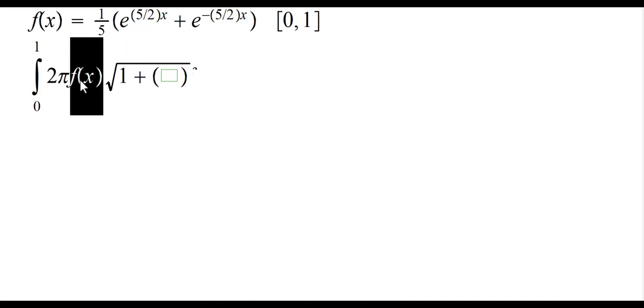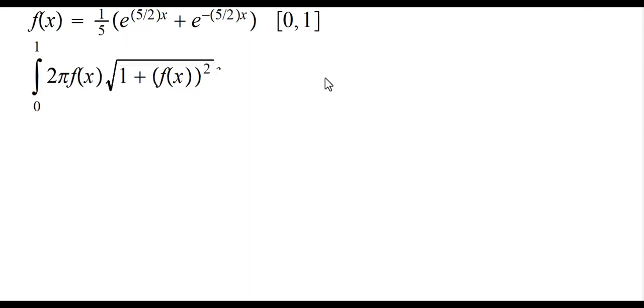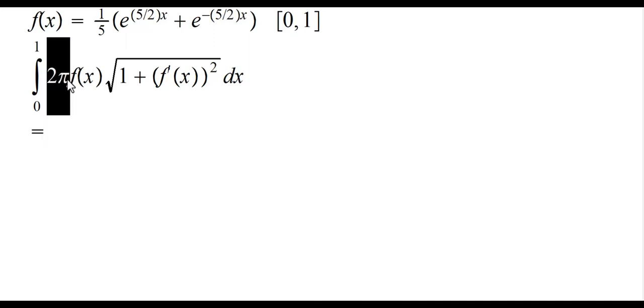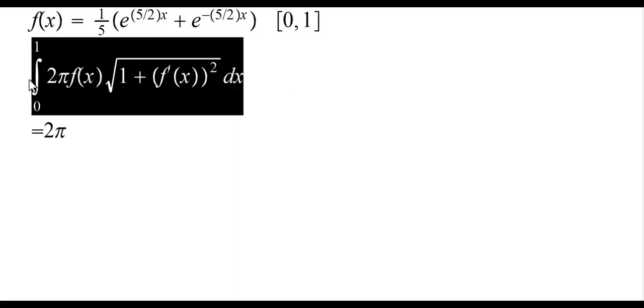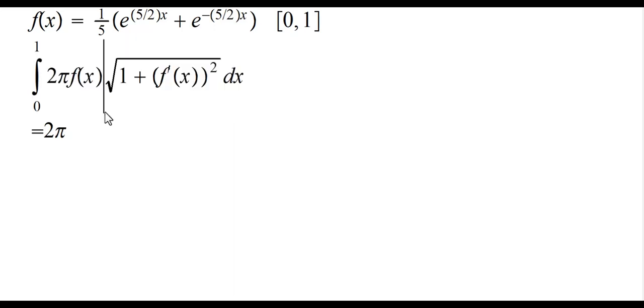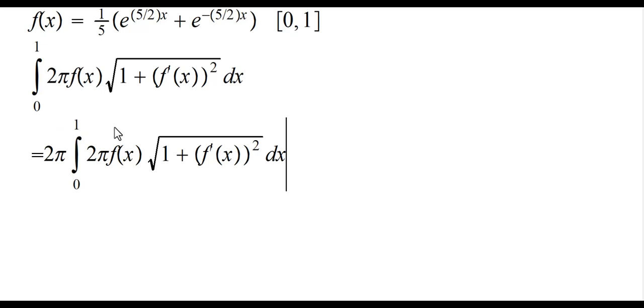Remember, that's what your arc length component was. So here let me put that as a square, and here we have dx, and that is not f(x), I'm sorry, that is f prime of x, right? You saw this, if you recall. Here we have 2 pi, we can just pull that out, and let me quickly erase it.